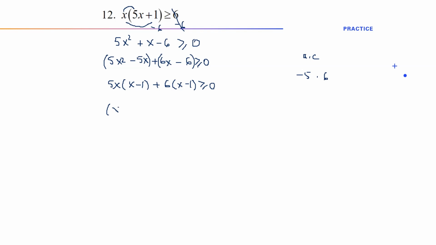The common factor now is x minus 1, and we are left with 5x plus 6, greater than or equal to 0. Now the critical values are x equals 1 and x equals negative 6 over 5.